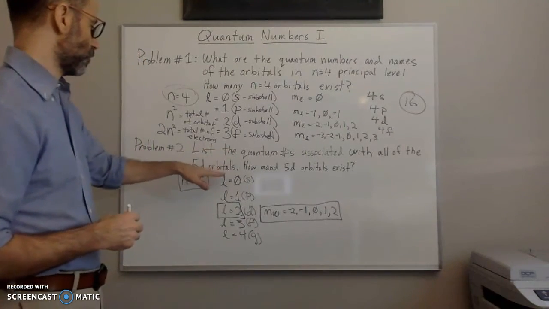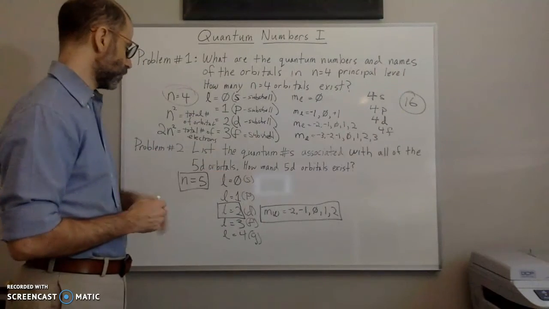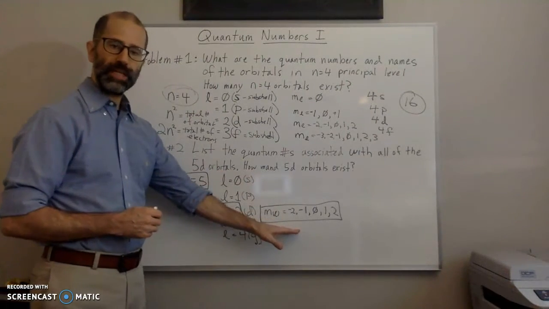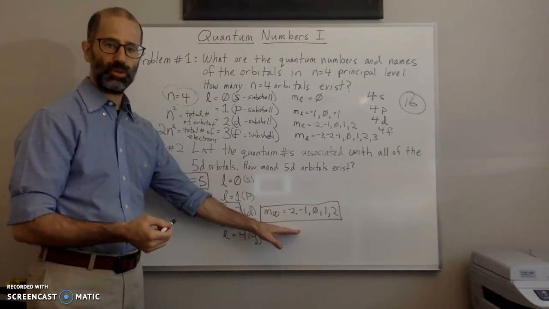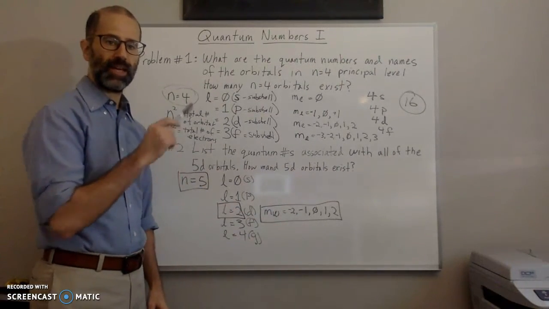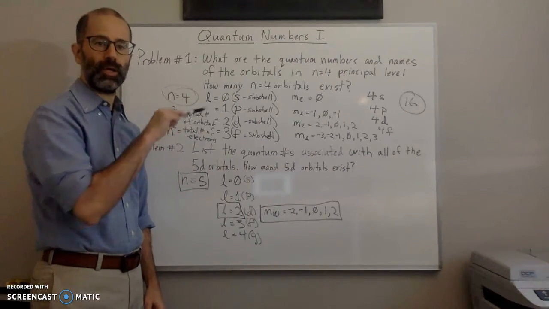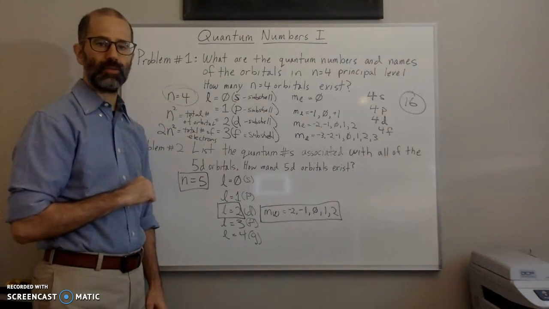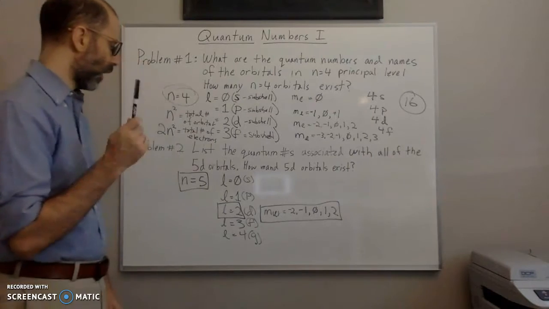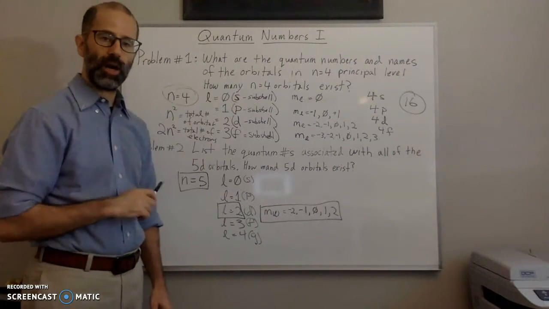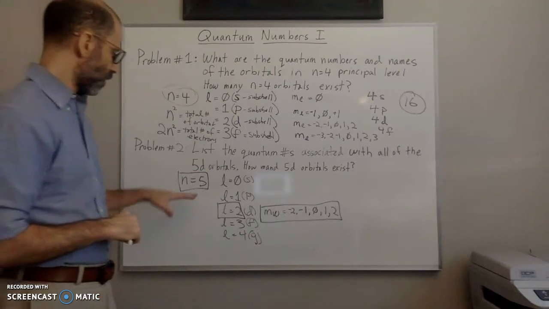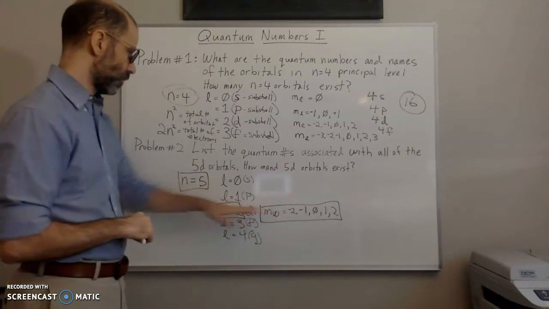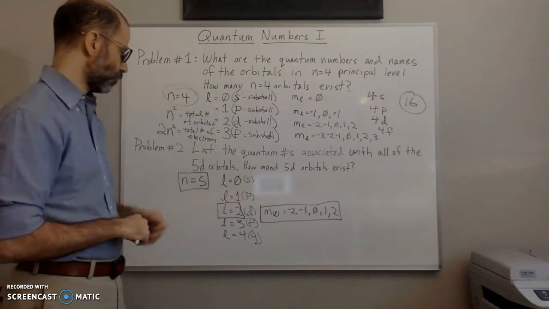Again, there is spin, but those are referring to the electrons, not the orbitals. So the electrons are going to have a quantum spin number of negative or positive 1/2. So that'll come up later when we talk about electrons. Okay, so these are the quantum numbers associated with the 5d orbitals.